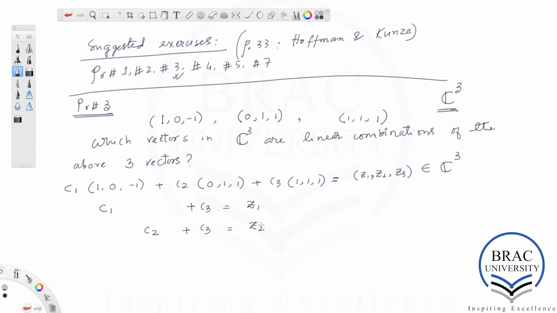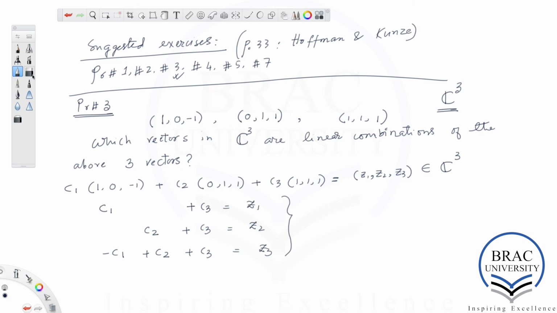And finally we have minus C1 plus C2 plus C3 is equal to Z3. Okay, so this is the system of linear equations that we have.